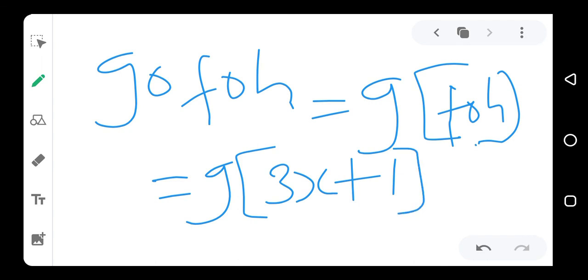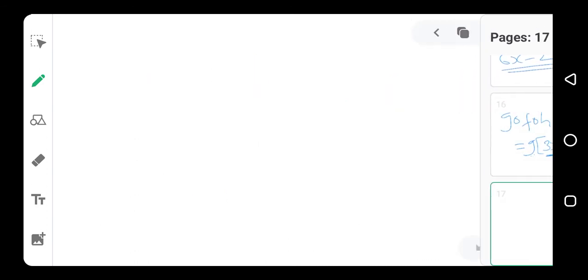So we now come to g, and every x in g, we replace it by this expression. Since our g is equal to 2x minus 1, we replace every x here by the f of h.